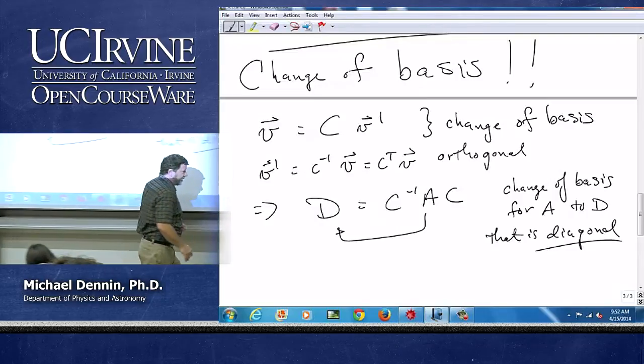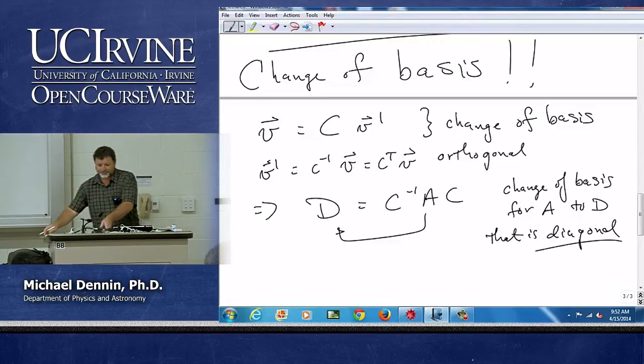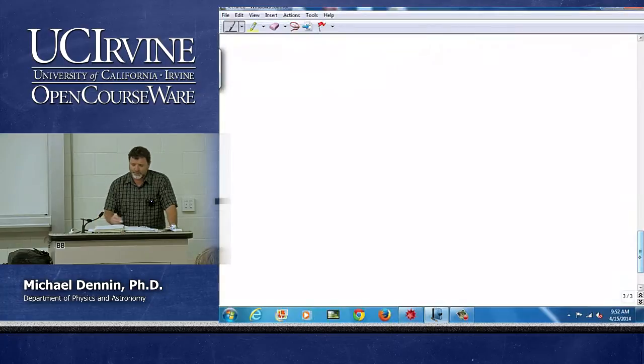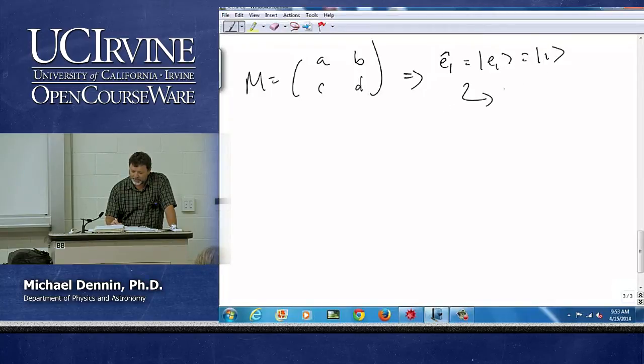Now, why do we like diagonal matrices? Why is this even something we want to do? Well, let's look at how a diagonal matrix behaves. Okay? We take our generic matrix M, and writing it this way assumes we've picked a basis, which we will assign to the column 1, 0.